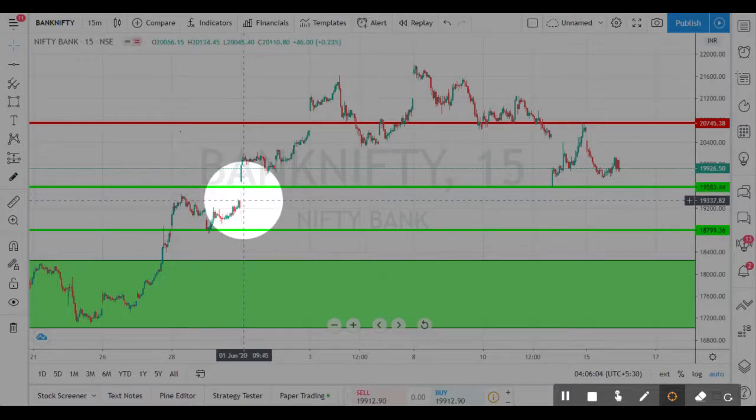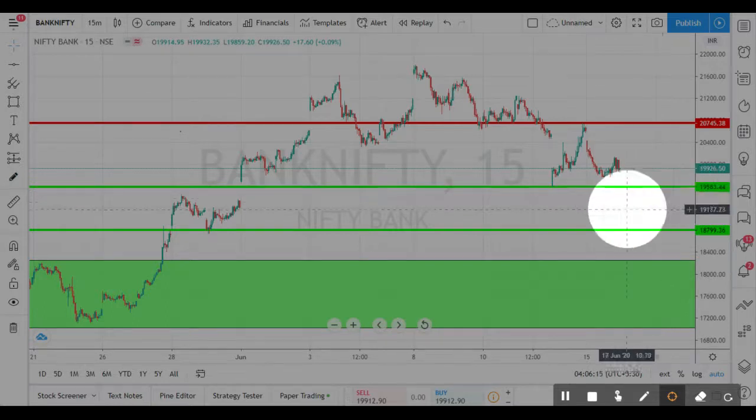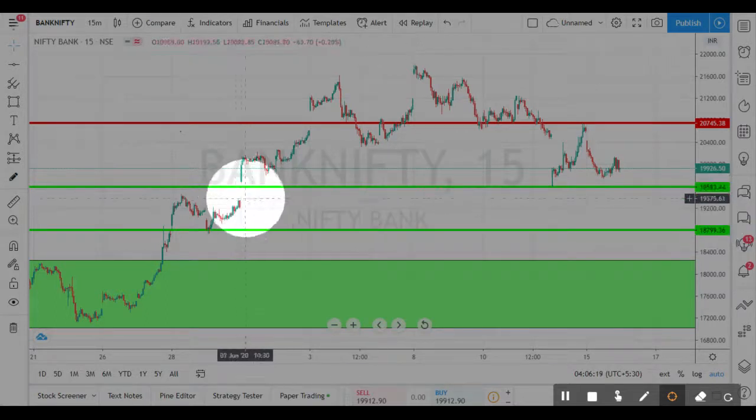As we can see here, market gaps are also there. So whenever the price breaks the 19,583 nearby support, and whenever the market price comes to 19,200, this 15-minute gap will be filled.